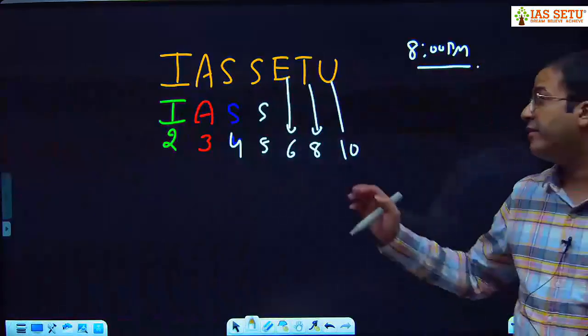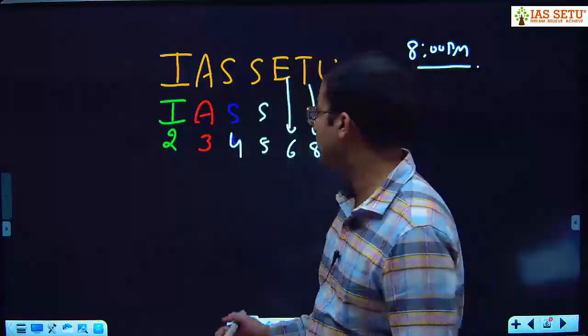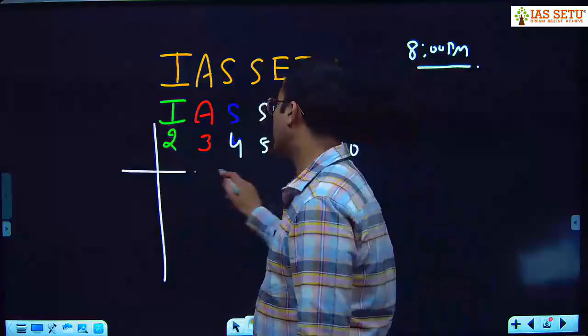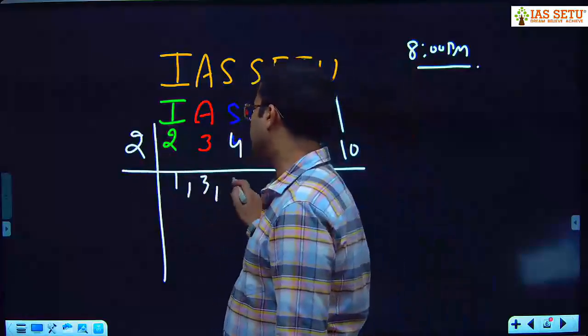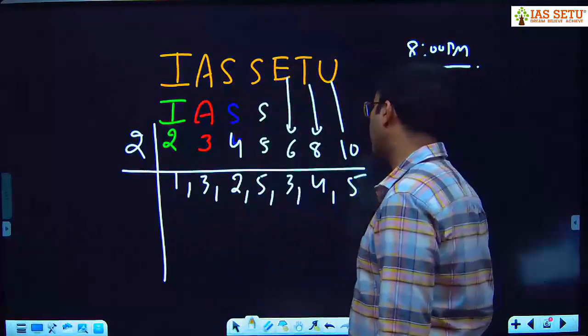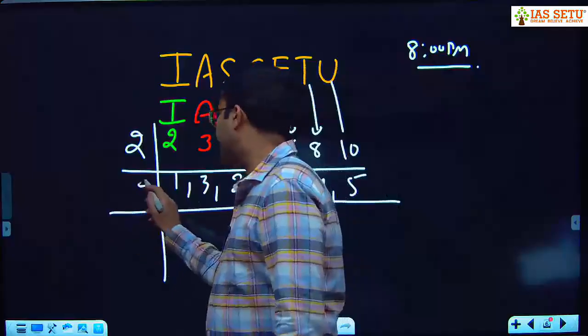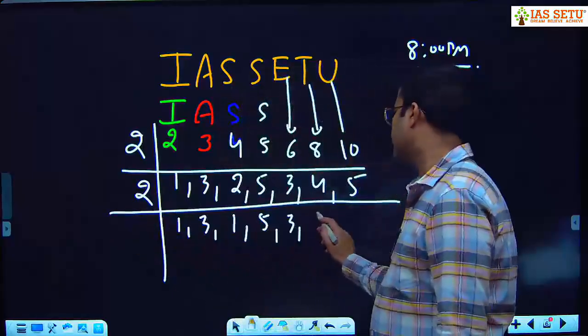So here, for 2, 3, 4, 5, 6, 8, 10, we have to take the LCM. So we take the LCM of these numbers. Take 2 common: 1, 3, 2, 5, 3, 4, 5. Take 2 common: 1, 3, 1, 5, 3, 2, 5.